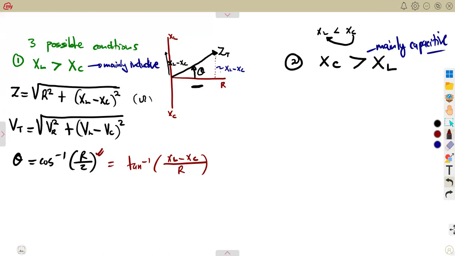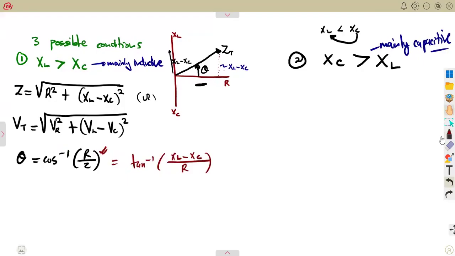So in our presentation of the phasor, we're going to have something like this. Just like what we had, the resistance, our XL and our XC this side, but now it is more capacitive. So we'll be talking of the difference going down in this case, which is the difference of XC and XL.